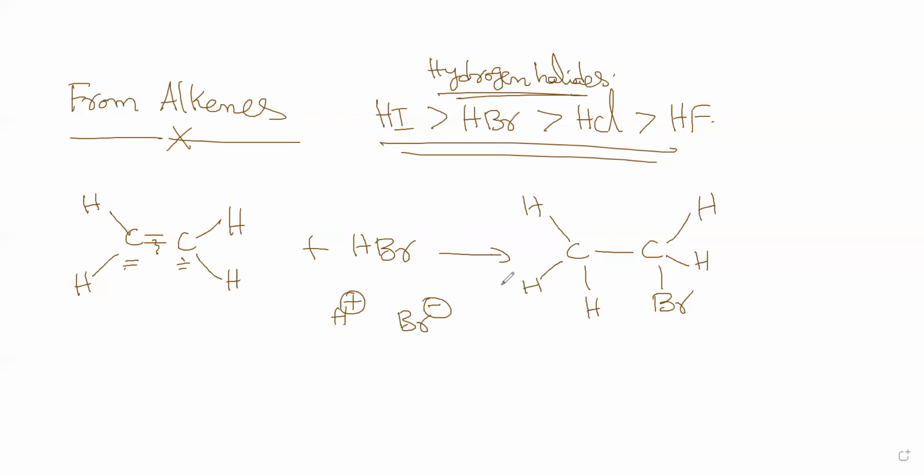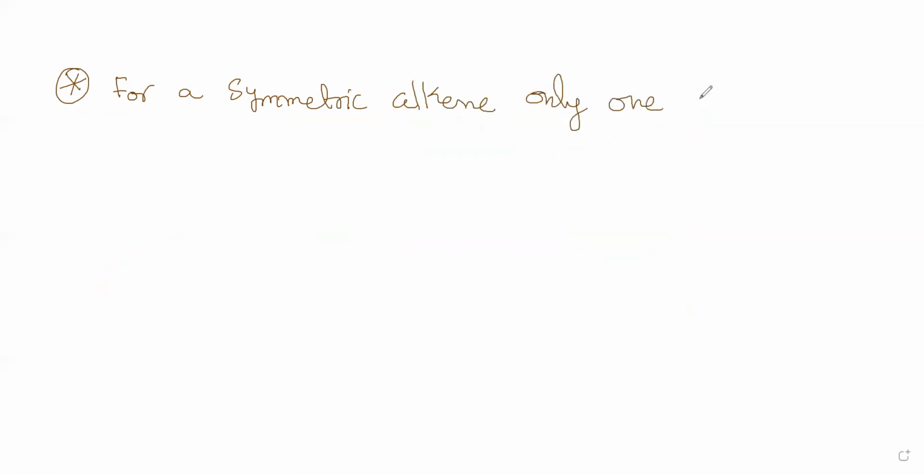Okay, sir. Now, here we have to study a bit. For a symmetric alkene, only one product is formed. So what is a symmetric alkene?